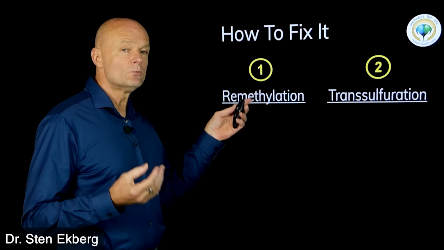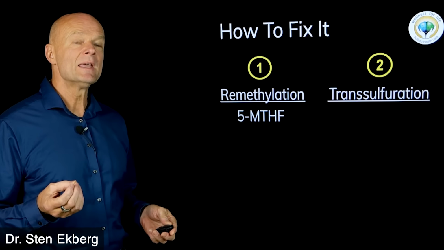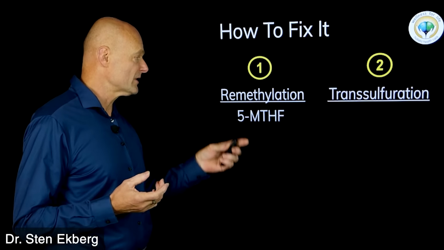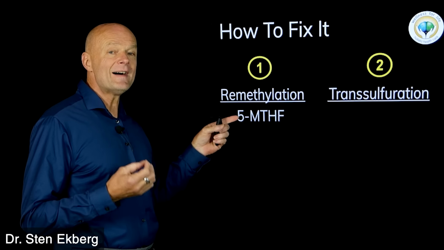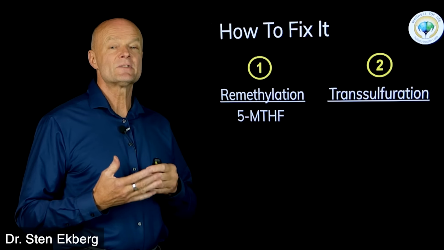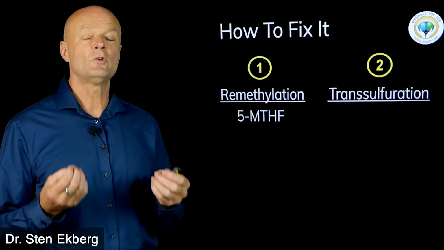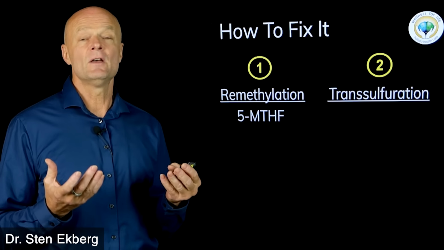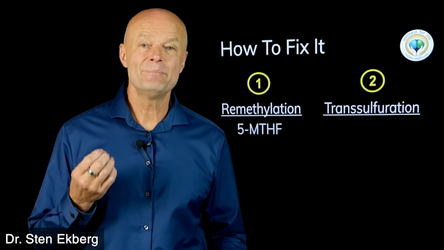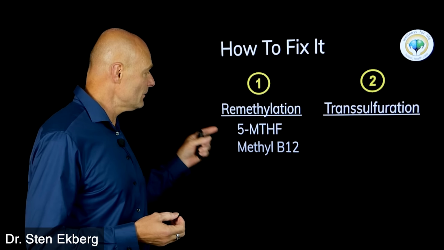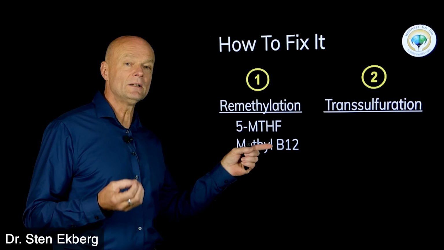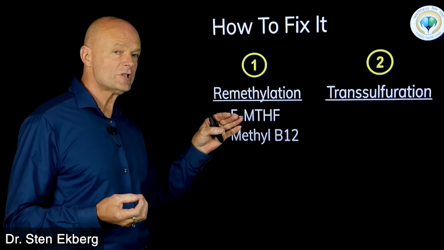So number one, the remethylation pathway depends on 4 different nutrients. The first one is 5-MTHF, which stands for methyl tetrahydrofolate. It's simply the active version of vitamin B9. And then we also need some vitamin B12, and there's different versions you can get.